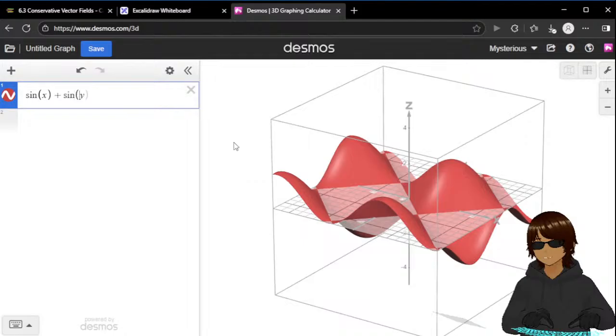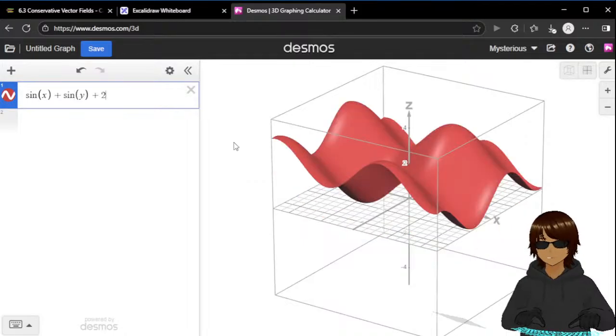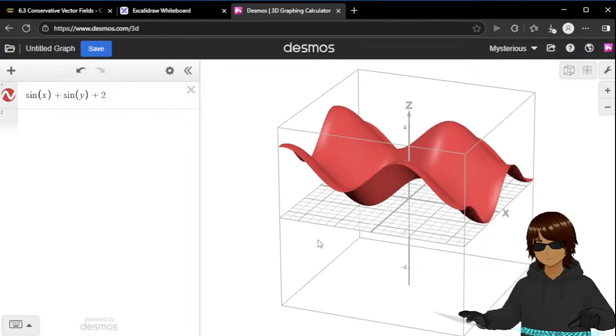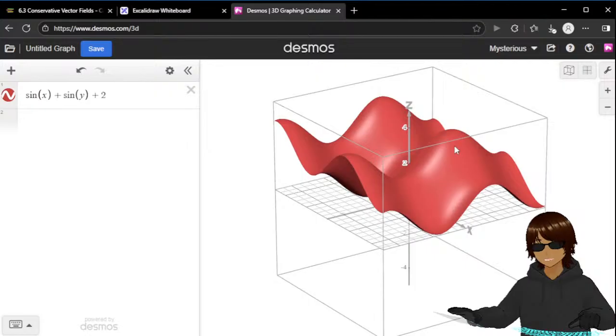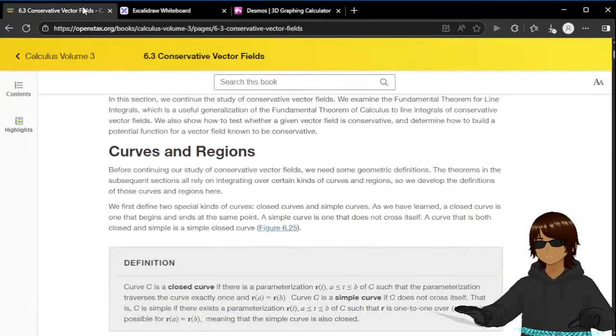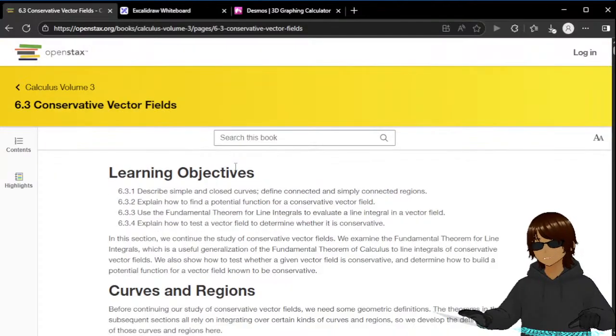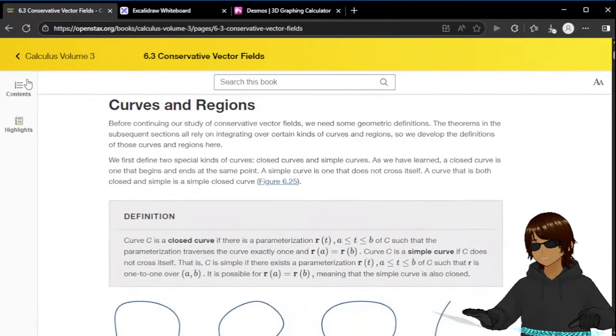Okay, yeah, let's use this graph. For a 3D graph, I can have a vector field, conservative vector fields. Wait, I need to go back.